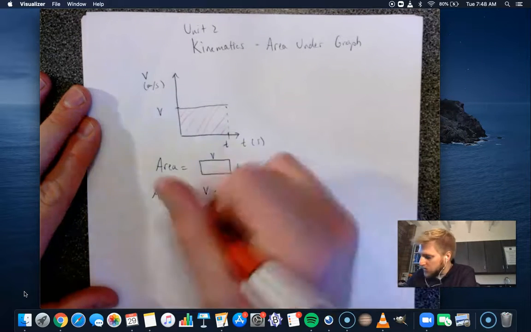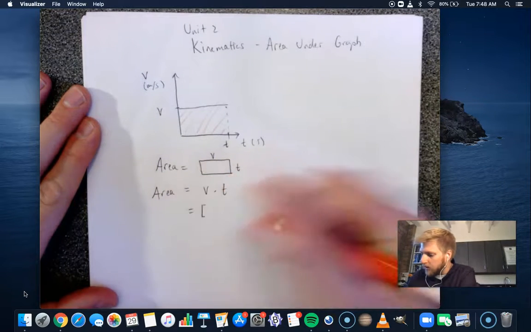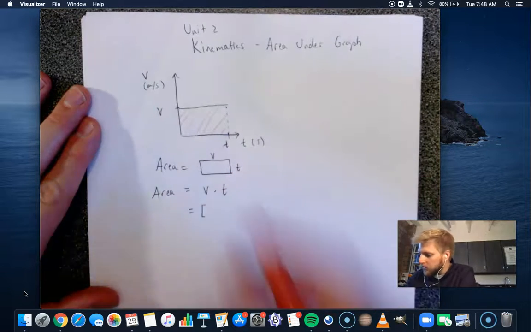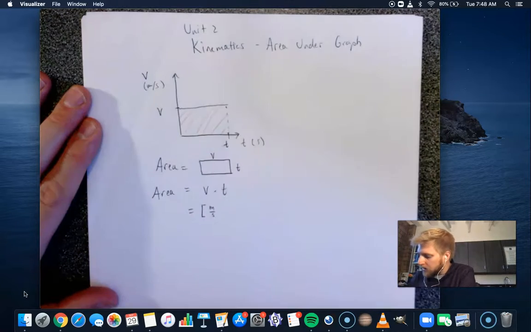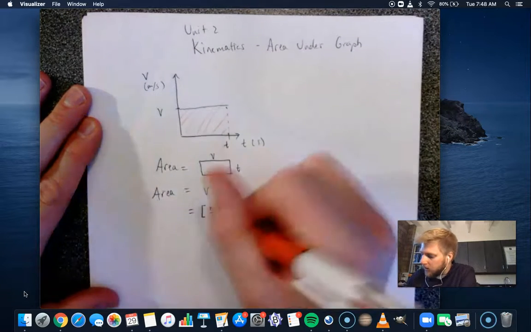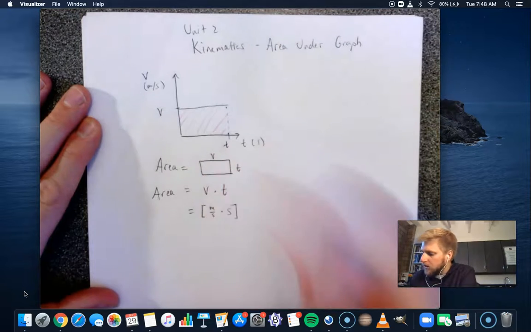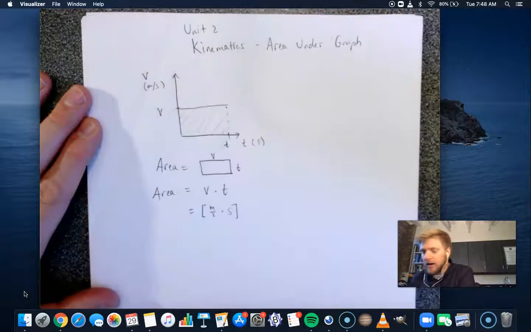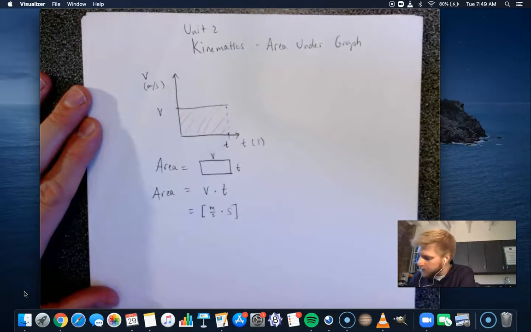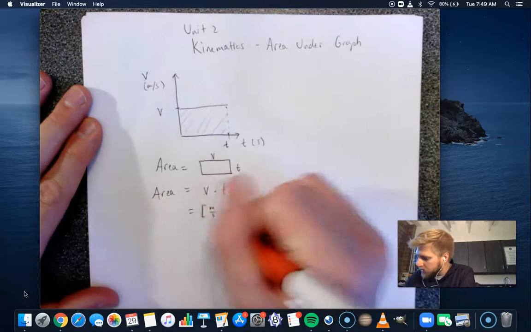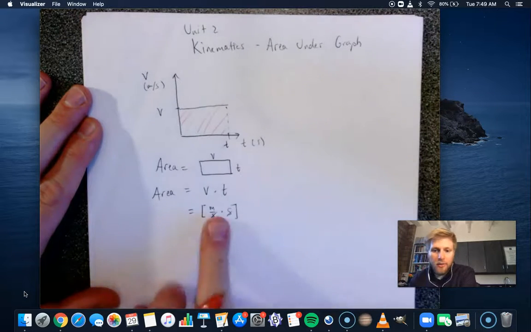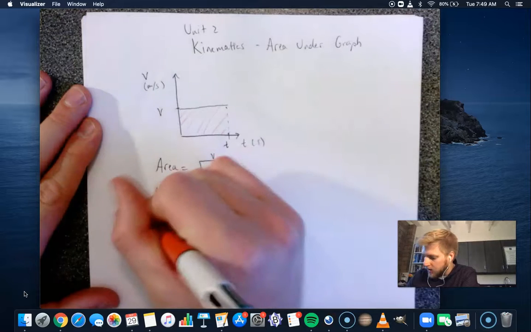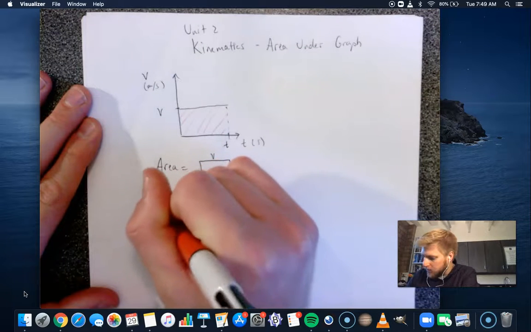So when we do unit analysis, we tend to put that in square brackets. The units for velocity are meters per second, and the units for time are, of course, seconds. So lo and behold, when we take the area under the graph, we get meters per second times seconds. It ends up giving us just meters.